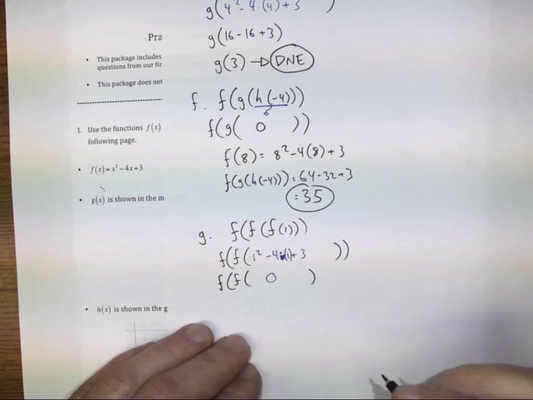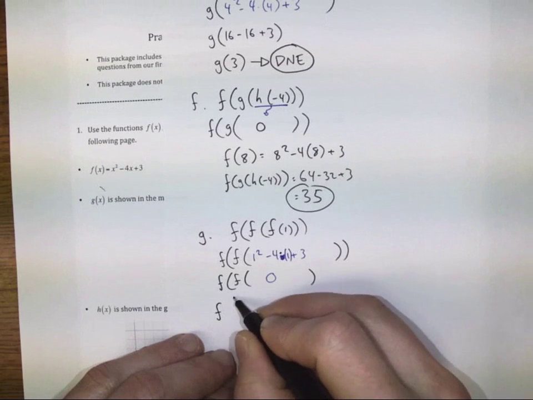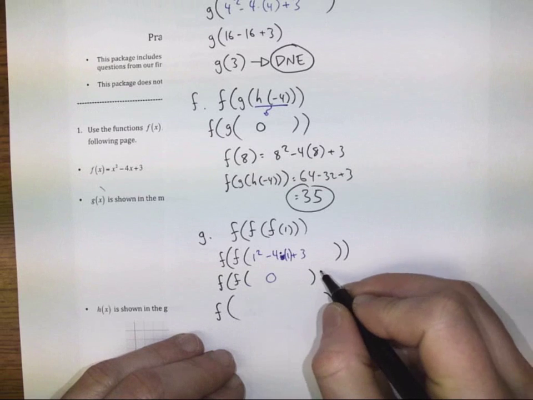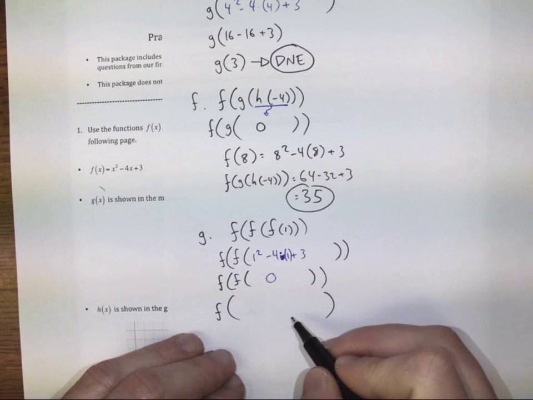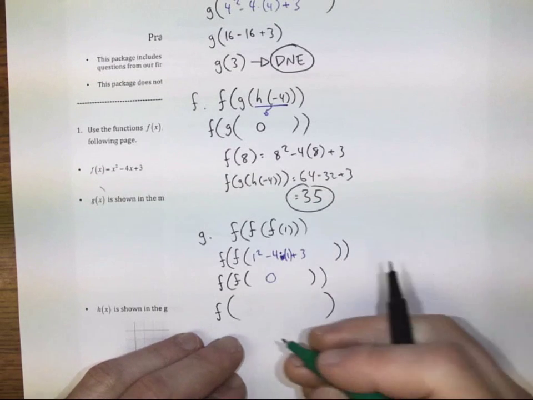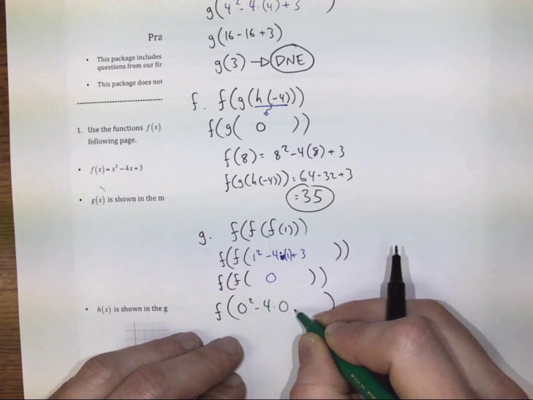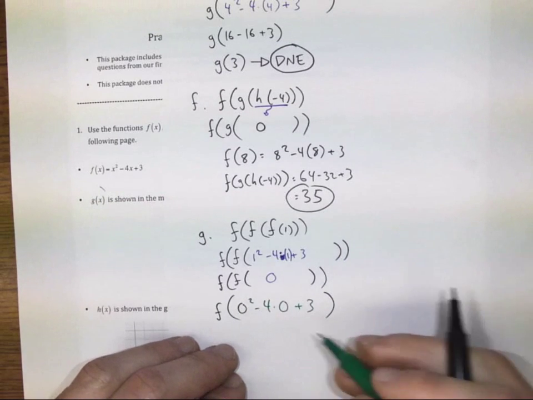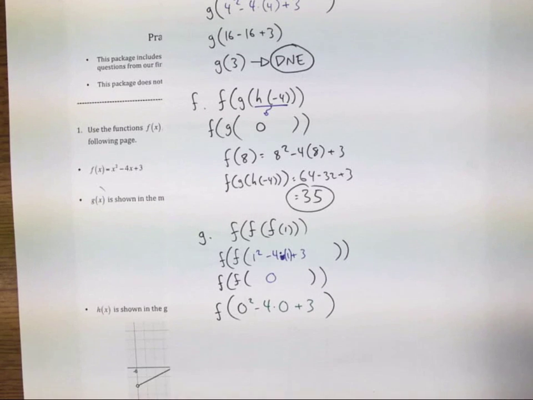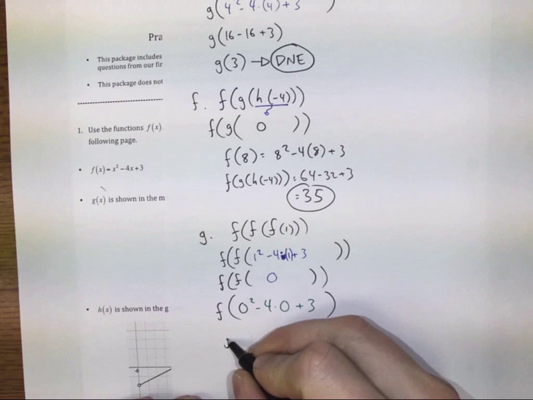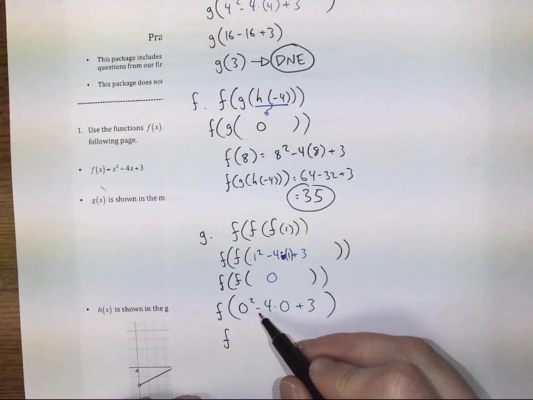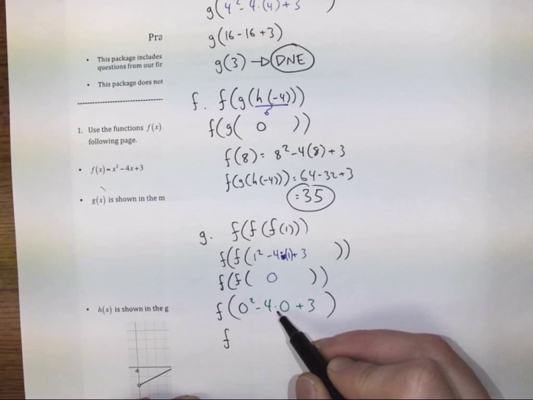Okay, so now we're going to find out what f of 0 is. Okay, so f of 0, I'll use a different color here, gives 0 squared minus 4 times 0 plus 3, which is to say we get 0 minus 4 times 0, which is also 0, plus 3.